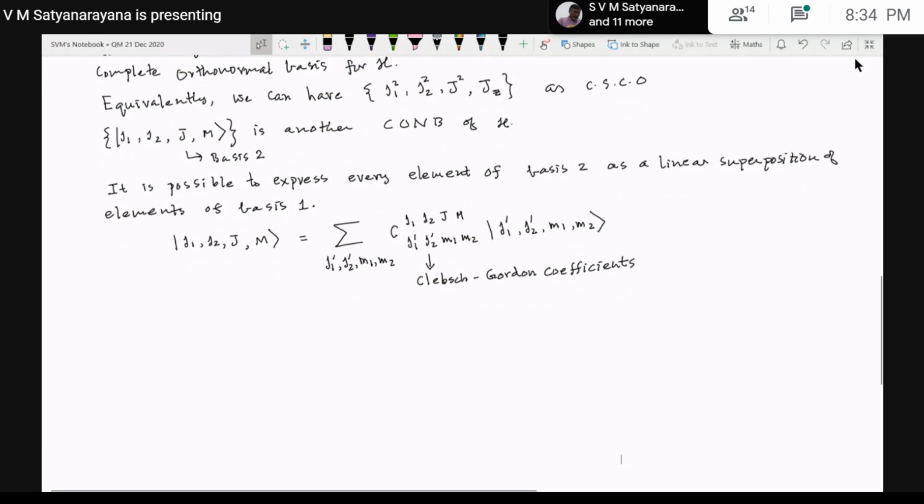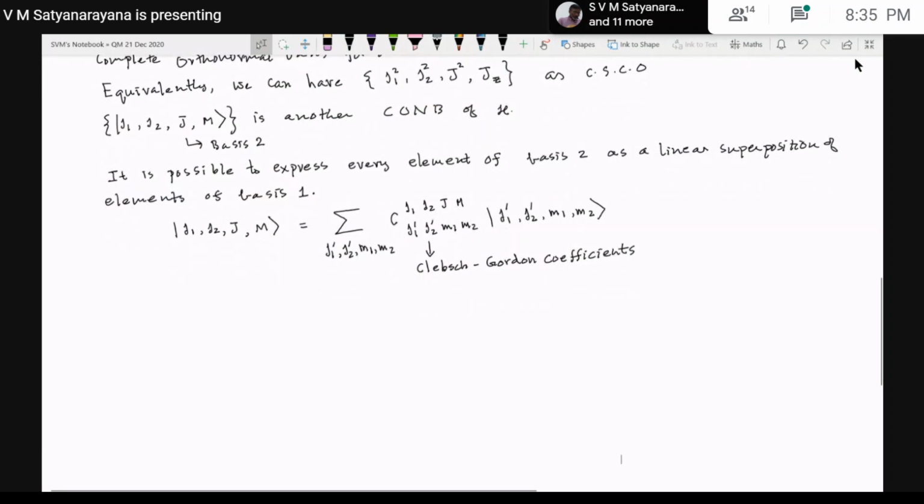So these coefficients need to be determined.